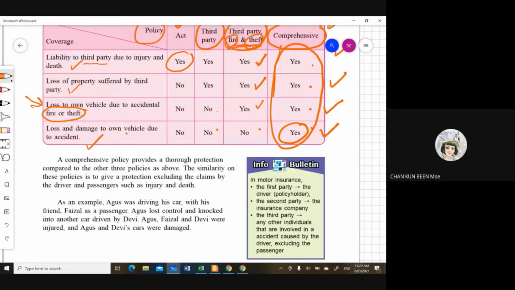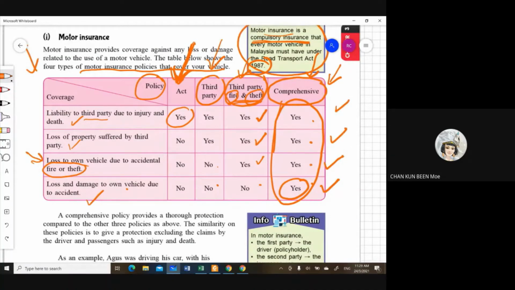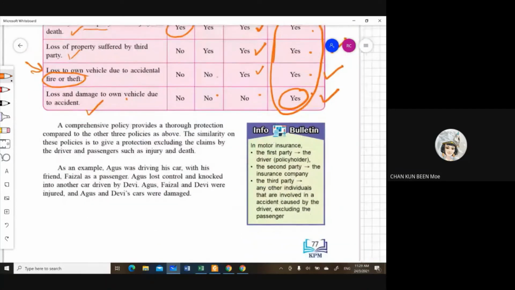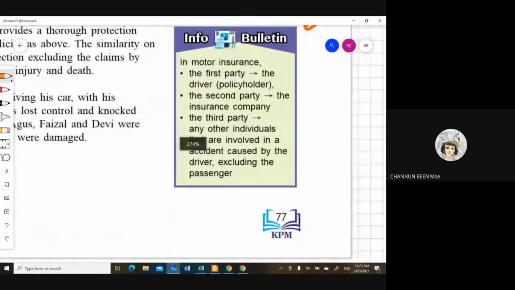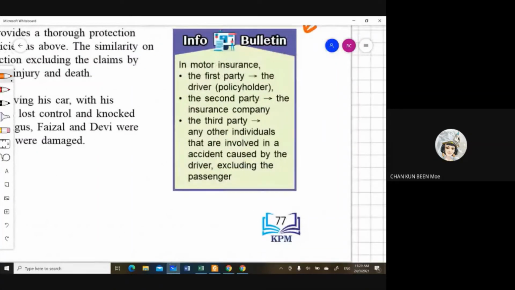I think maybe you don't know what is the meaning of third party and also your own yet. Let's look at the info bulletin here. This part is very important. Okay, in motor insurance, the first party is you, ourselves. We call it the policyholder, the driver also. That is the first party. The second party is the insurance company.